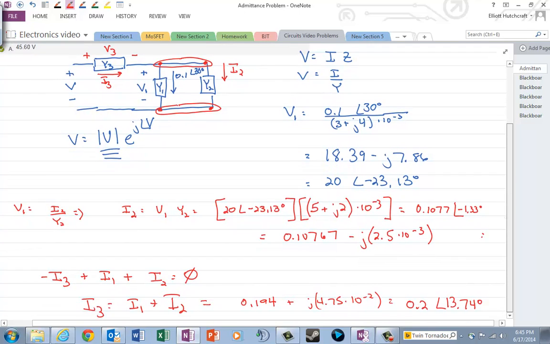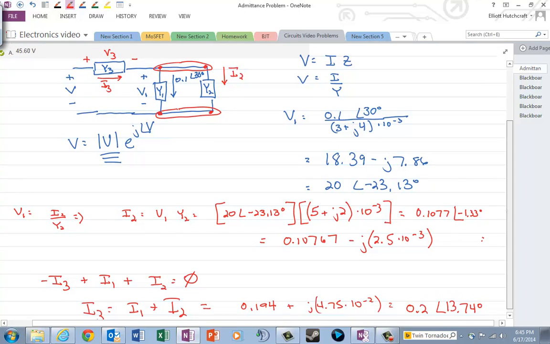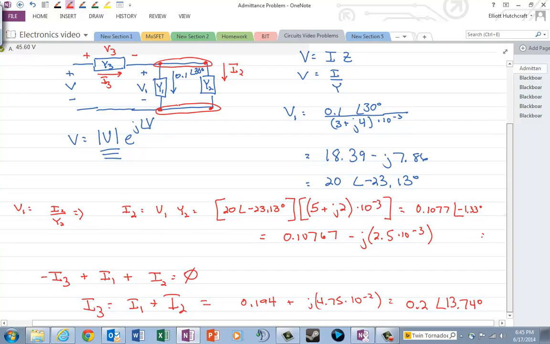Now I need to get V3, and V3 is equal to I3 over Y3.